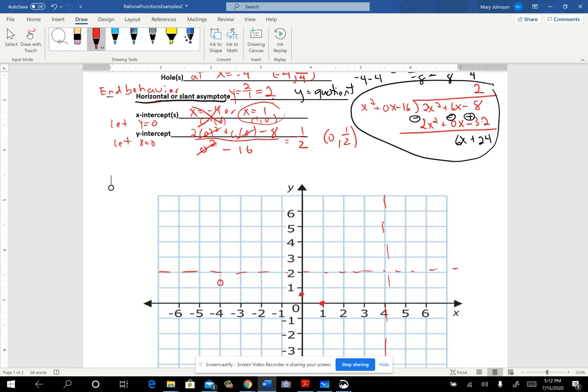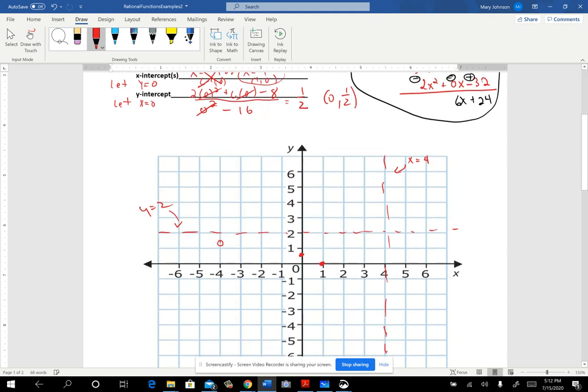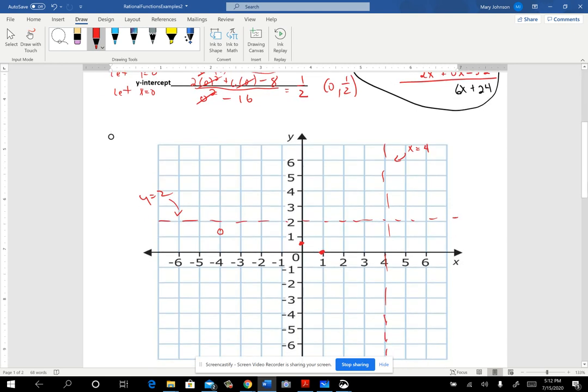And I know y equals 2, this right here, is a horizontal asymptote, and x equals 4 is a vertical asymptote. Those dashed lines represent where we don't have an ordered pair. And this spot right here is the hole, and that was the point at -4, 5/4.